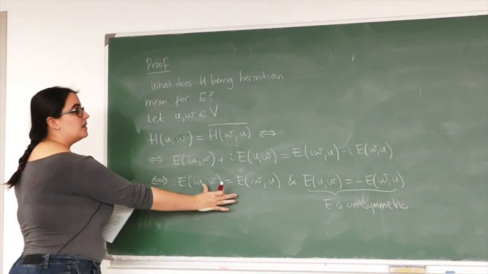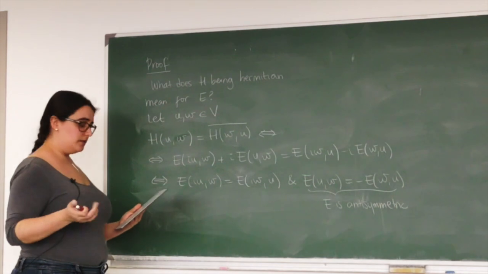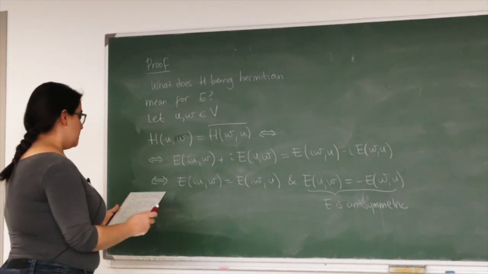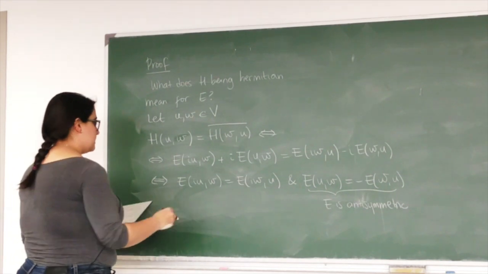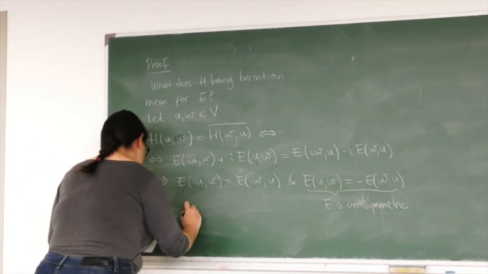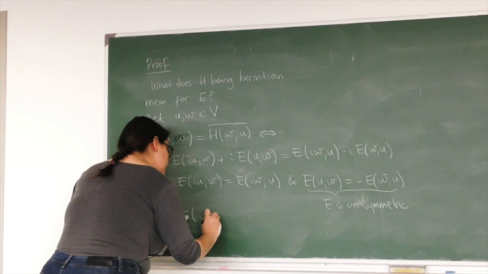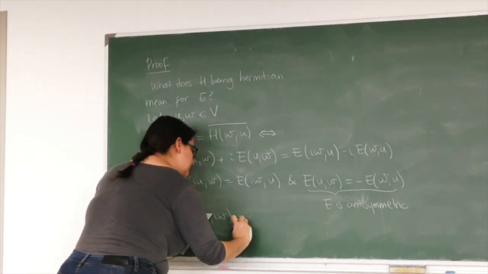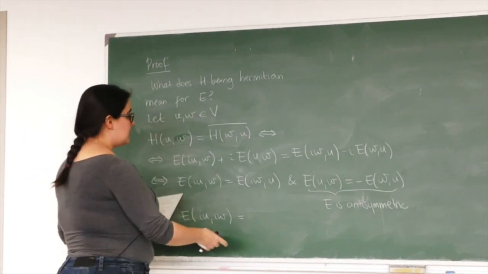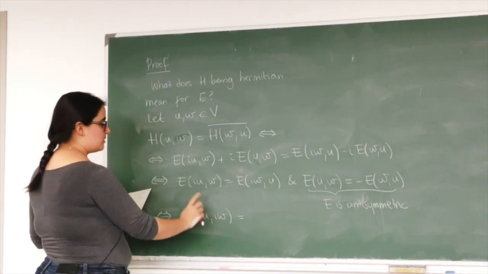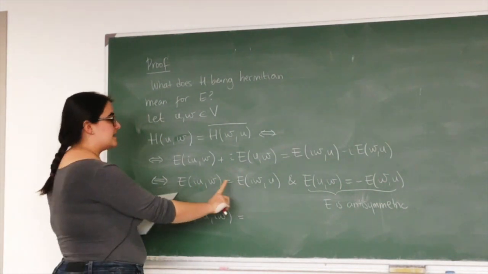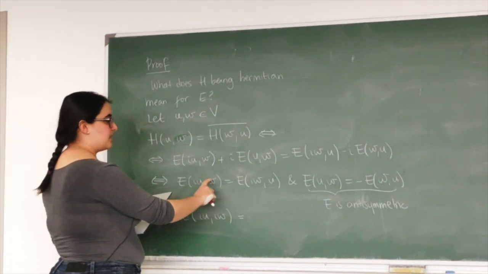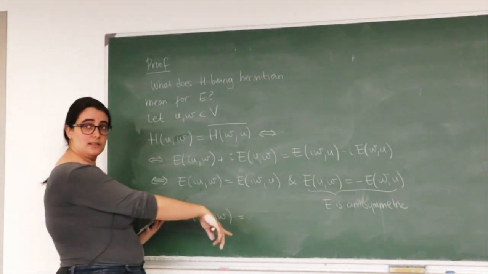And this here is the other condition we had on E. And now, if we put them all together, we can say that this is the same as writing E of I U, I W is equal to, now I use the first relation, which tells me that if I have an I multiplying the first vector, it's the same as moving the I to the second vector and swapping places.